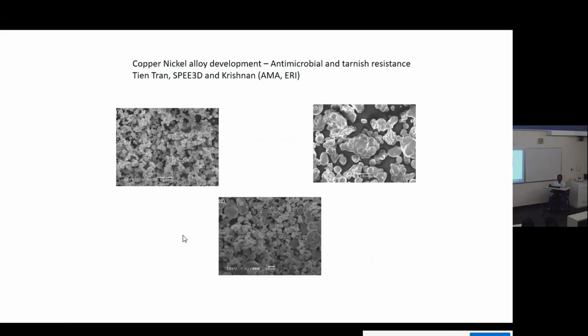Of course, she had taken an APR internship, and we wanted to make a copper nickel alloy. So this should have good antimicrobial properties, and at the same time have enough tarnish resistance. If you look at the handle outside, some of them are pretty bad.